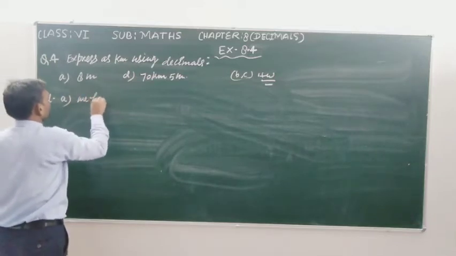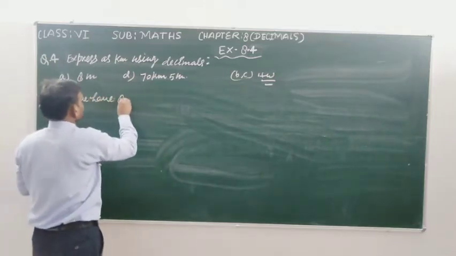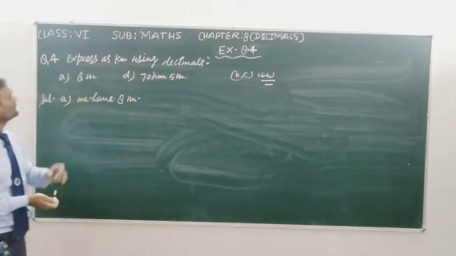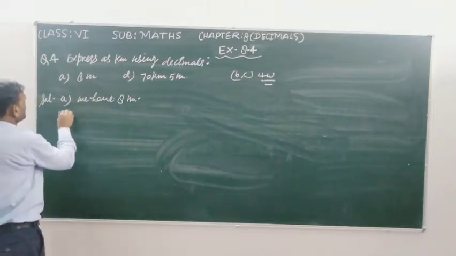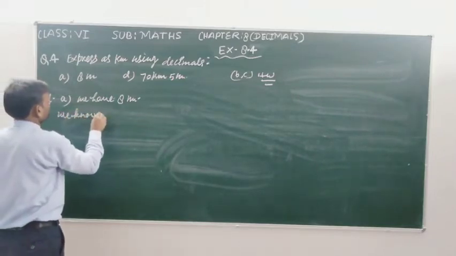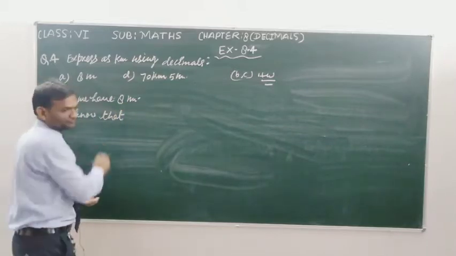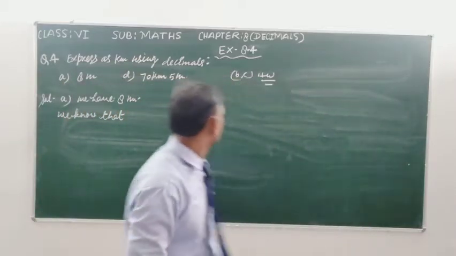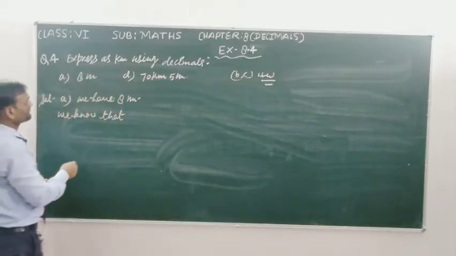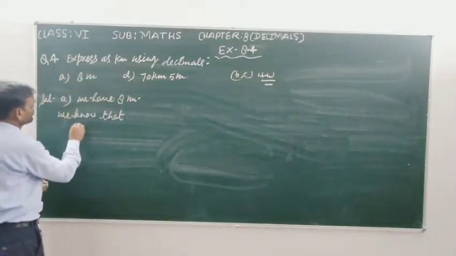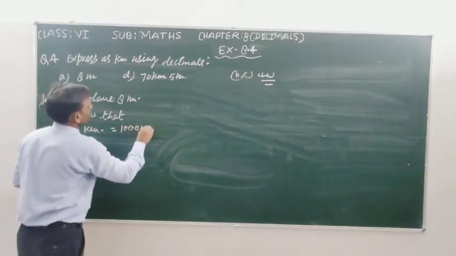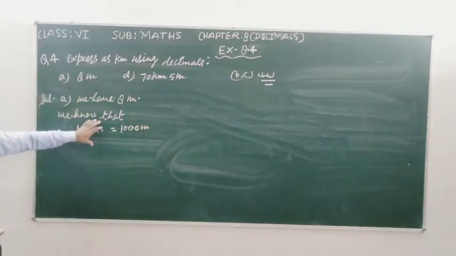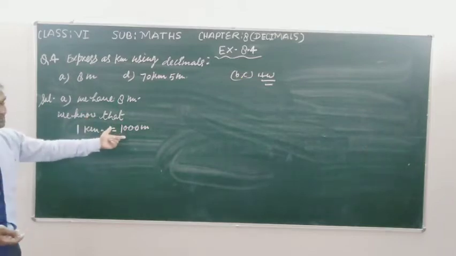We have 8 meter, and we know that 1 kilometer is equal to 1000 meter. You know, this is the scale. Everybody has learned it in previous classes. 1 kilometer is equal to 1000 meter.